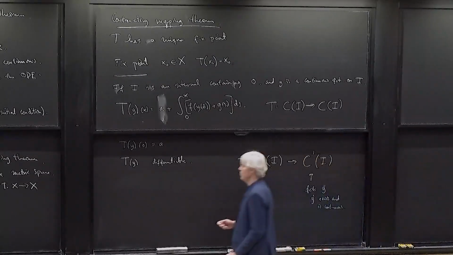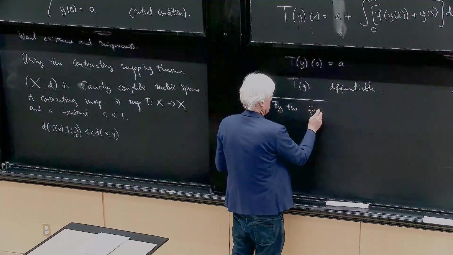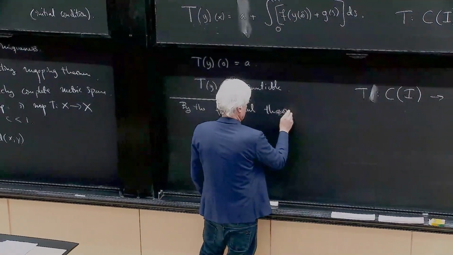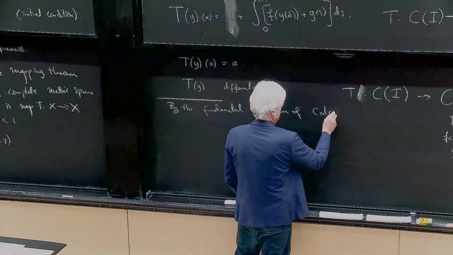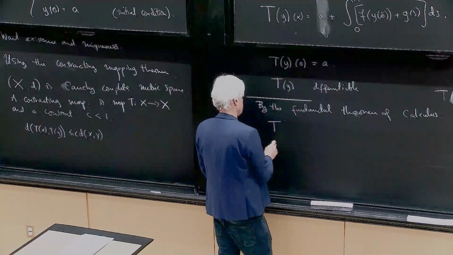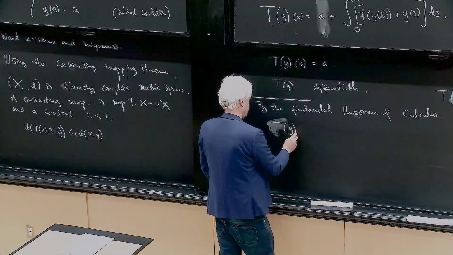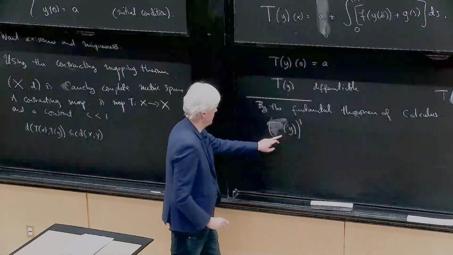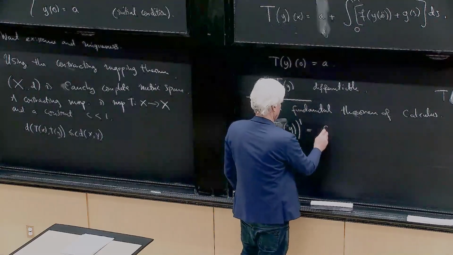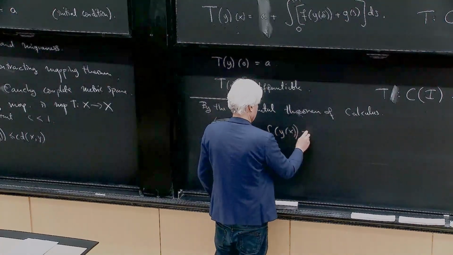So what we saw last time was that by the fundamental theorem of calculus, if you take y and you take T of it, this is now a function, and it's differentiable, and the derivative is f of y, so at x it's f of y of x plus g of x.